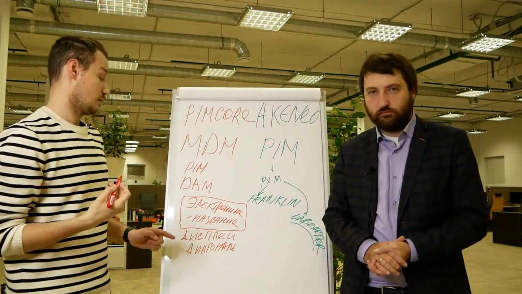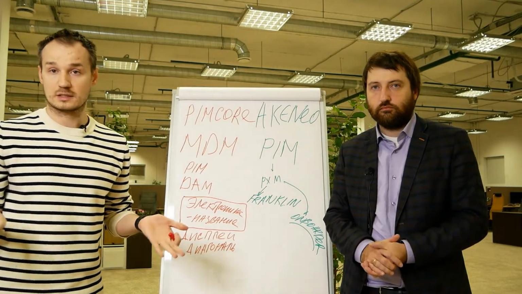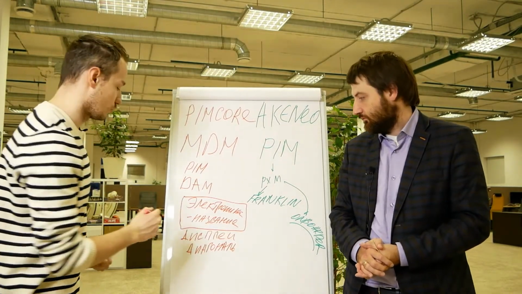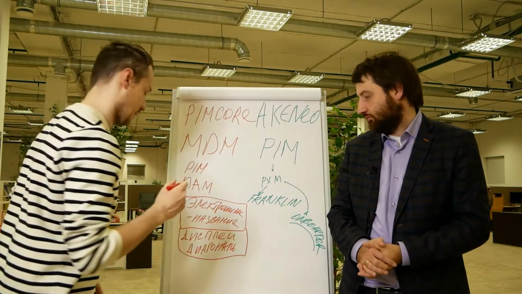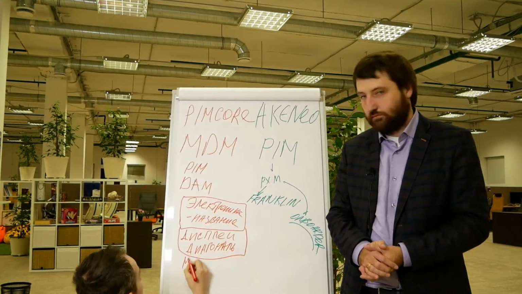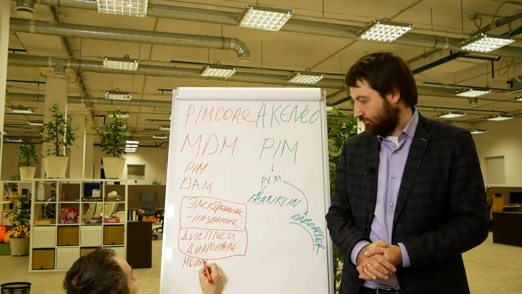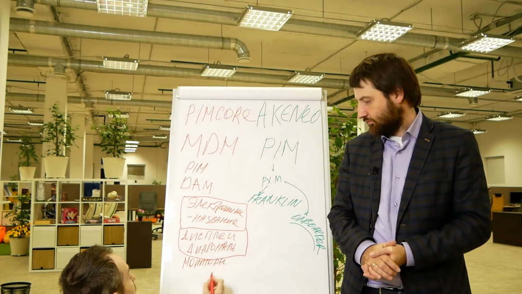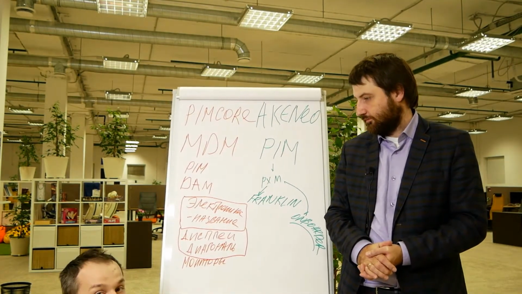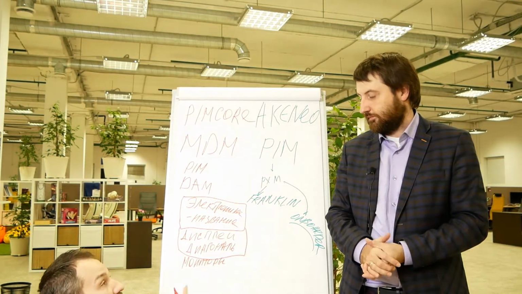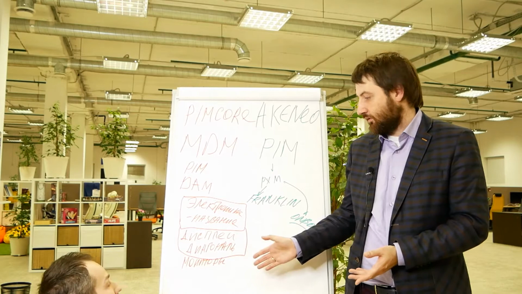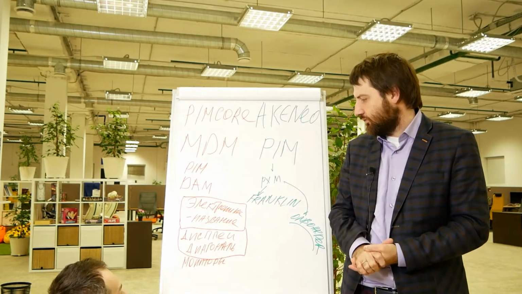But displays is too general a category, so we need a new product type, monitors. Let it be monitors. And they might have another attribute, such as the screen refresh rate. Or you can say matrix type.